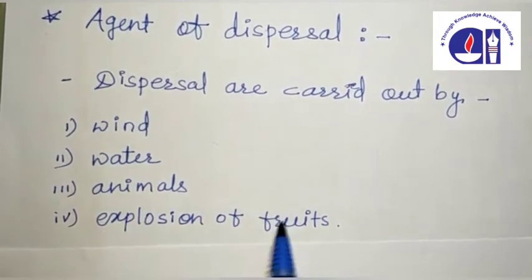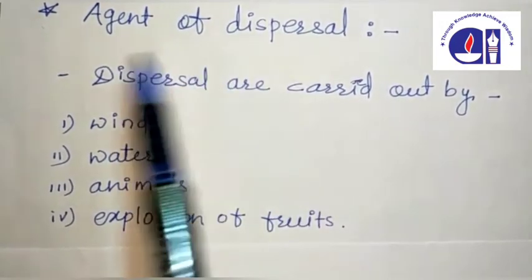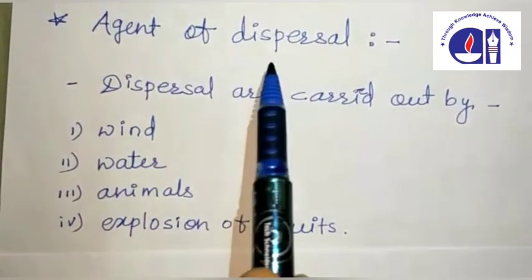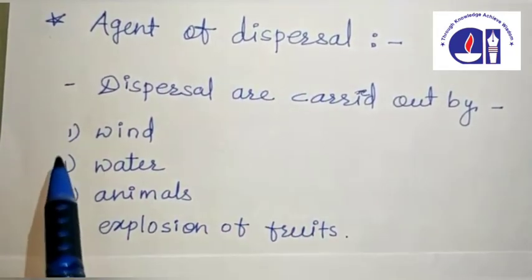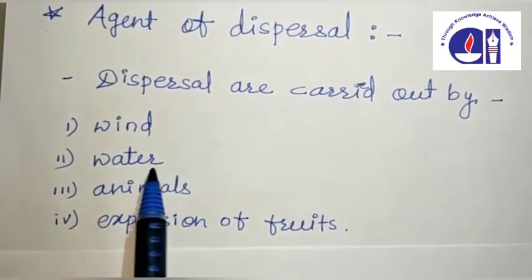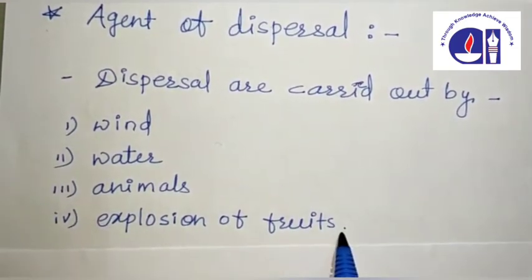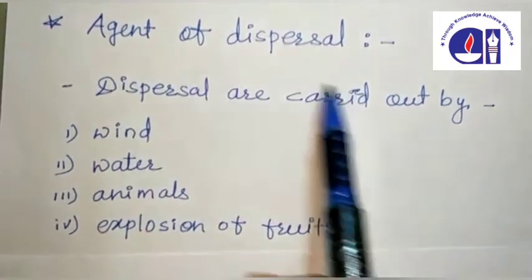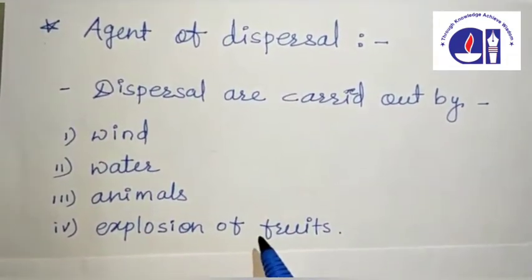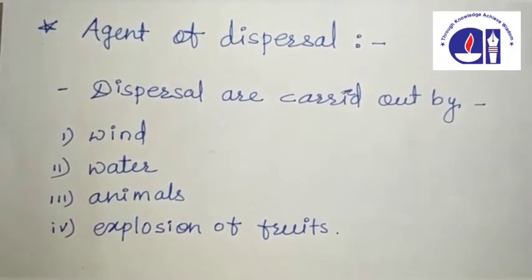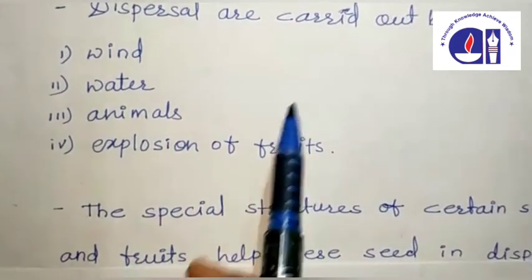So explosion of a fruit is also another agent of dispersal. So all these four, that is wind, water, animal and explosion of a fruit, are the agents of dispersal.